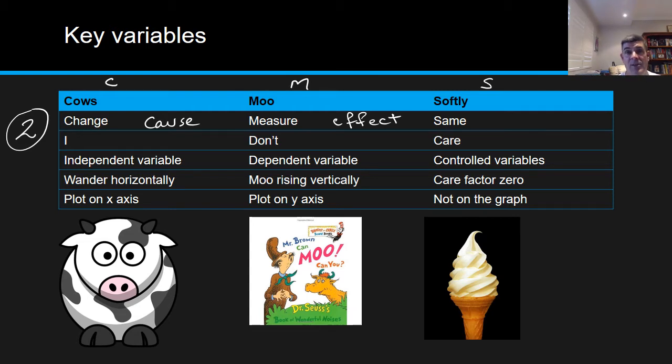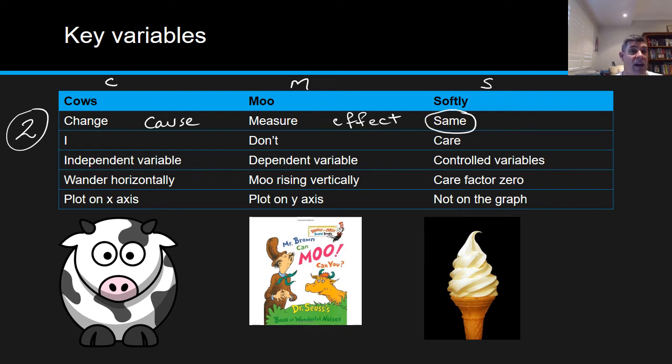Other times you may specifically choose, if you're going to measure the temperature of water over a certain period of time, if you want to make comparisons, you might want to use, for example, the same type of beaker, the same size of beaker, or the same amount of water. Each of these are things that we are keeping the same.